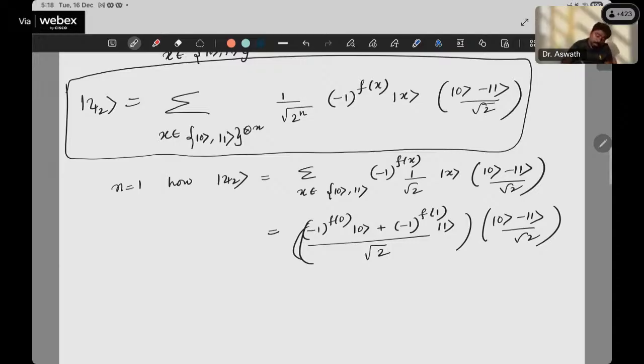And for n equal to 2 you can also derive how it would look like.